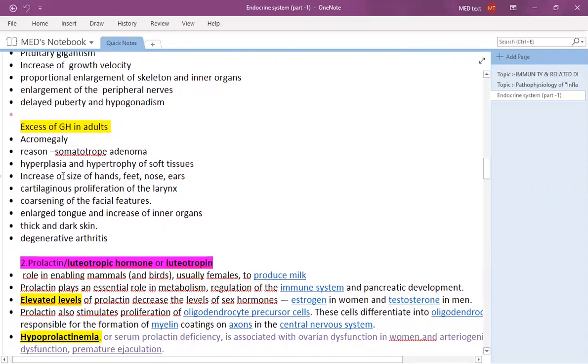The next, hyperplasia and hypertrophy of soft tissues, increase of size of hands, feet, nose, and ears, cartilaginous proliferation of larynx, coarsening of facial features, and others. So these are the main points you need to remember for your exams, as the examiner likes to ask about these features a lot. So please remember.